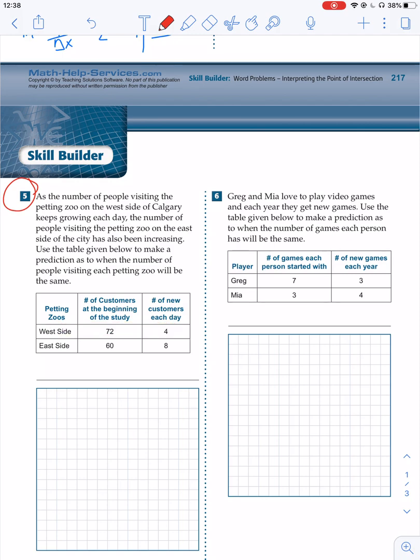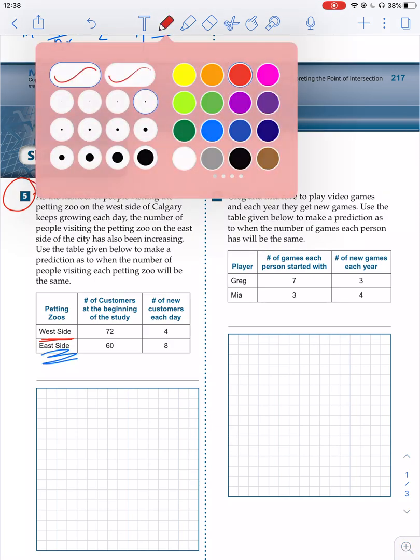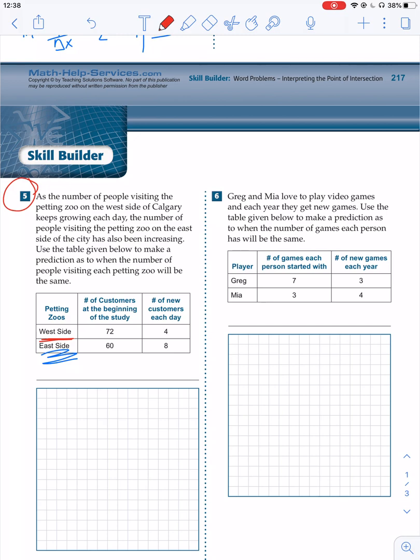Let's represent the west side in red and this one in blue. So we have the number of customers at the beginning of the study. y equals the number of customers, plus the number of new customers per day. It seems like every day there are 4 new customers visiting the zoo.